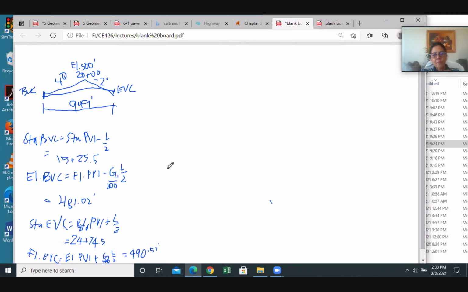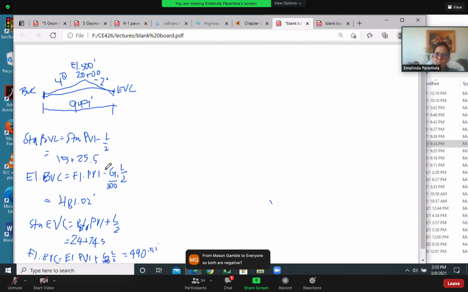So when you're solving curve problems, just take a look at the value that you get and what you expect. If you expect it to be lower and you get a higher value, then there's something wrong, even if you don't remember what the equation is. So minus G1 over 100 times L over 2.